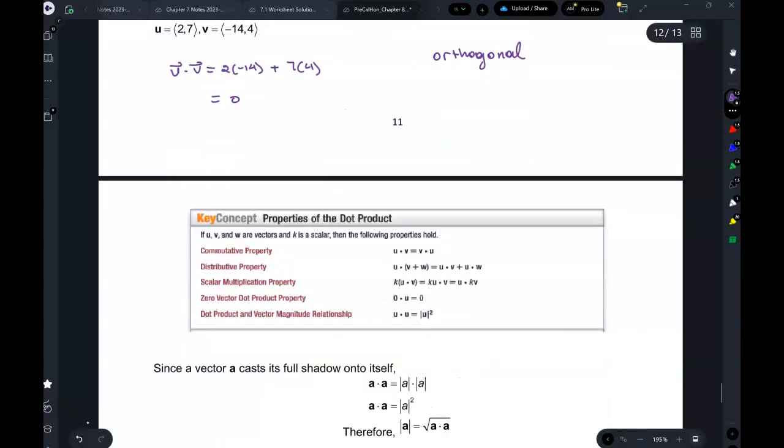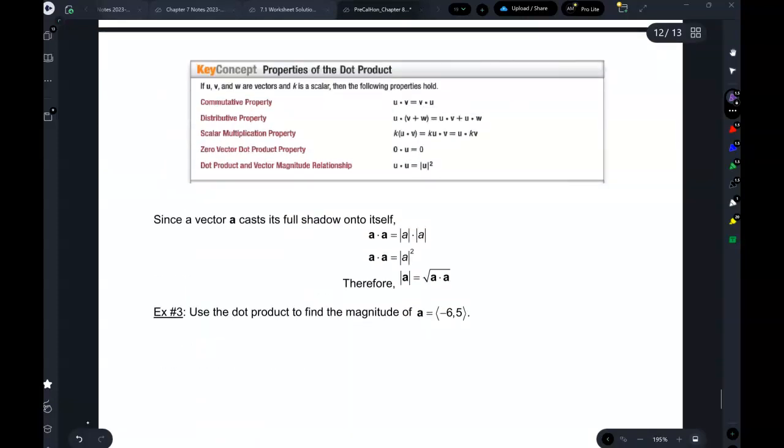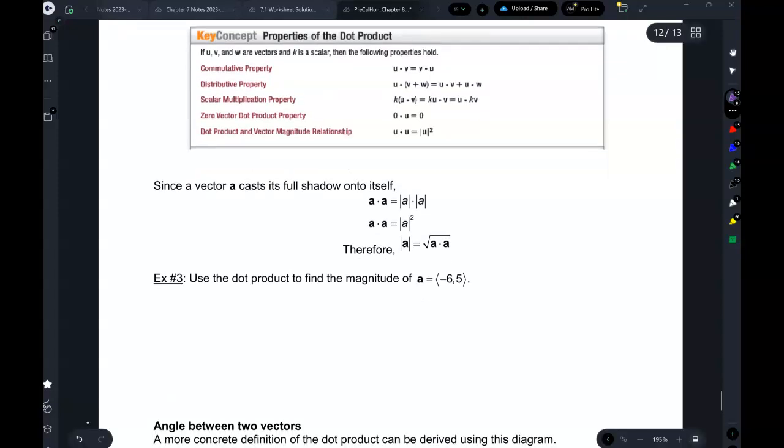Cool. All right. So, commutative property, right? Okay. So what if you have vector A and also vector A, and they're the identical vectors?